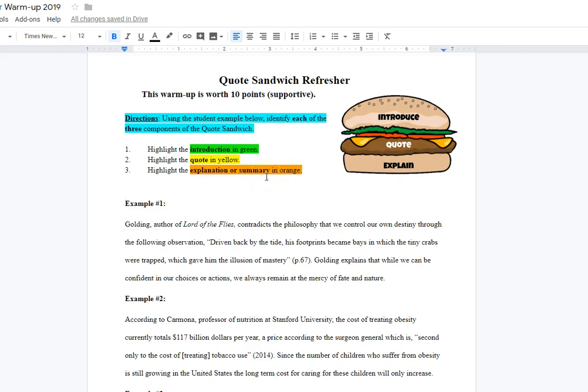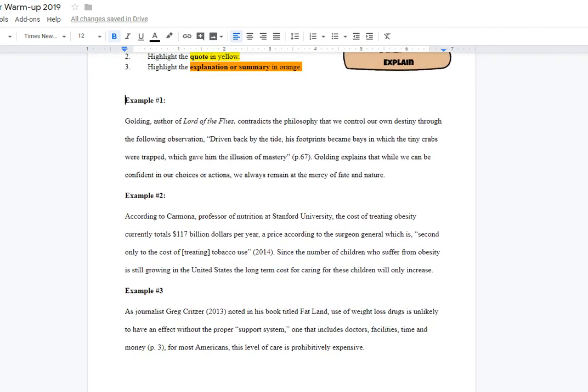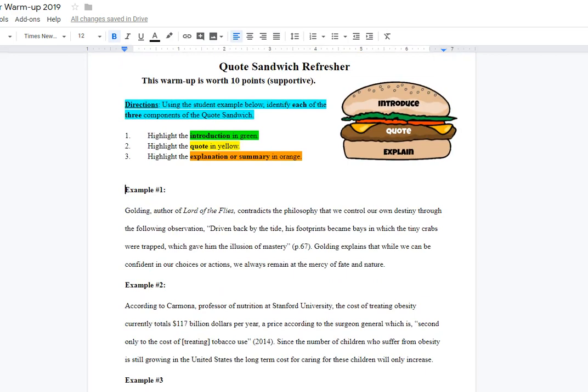All right, your job today will be to read all three examples, 1, 2, and 3. As you're reading through, I want you to pay attention to the introduction, the quote, and then how the quote is explained or summarized.